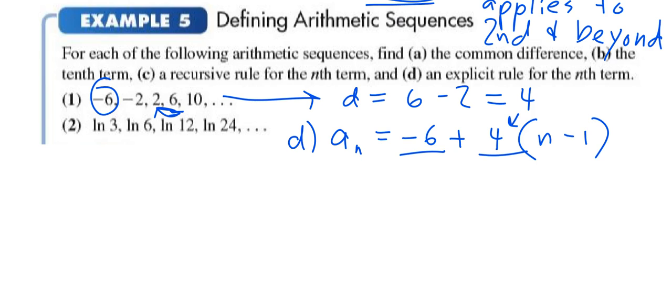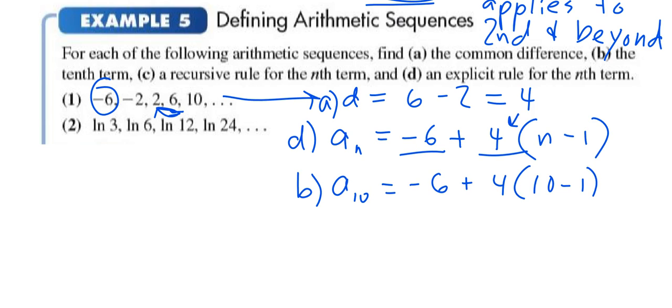The 10th term, which is part B, we already did A, could be plugged in. I want you to use that formula because I'm not going to ask you for the 10th term. I'm going to ask you for the millionth term. Something like that, something crazy. So 4 times 9 is 36, and 36 plus -6 makes 30, which is exactly what we found when we looked at the calculator.